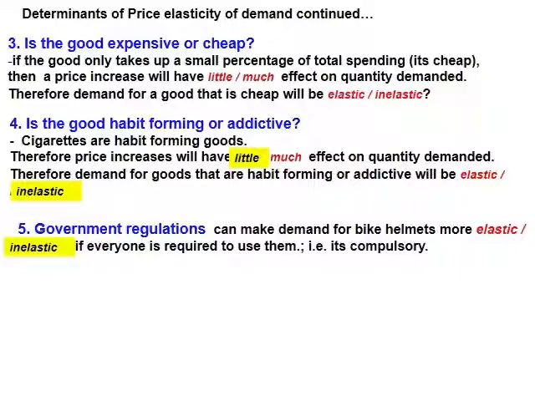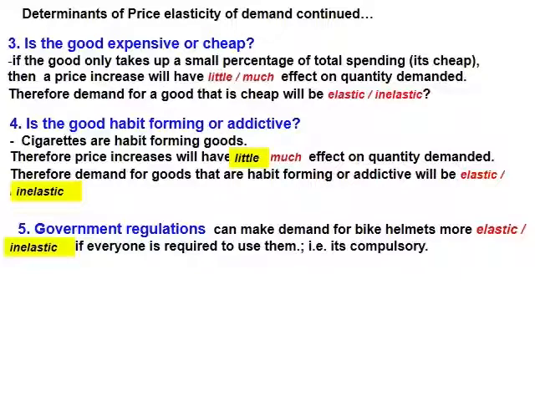But generally, we say durable items tend to be more responsive to changes in price, while non-durable items or single-use goods as they're known, like food, tend to be more unresponsive, in other words, more inelastic to price changes.